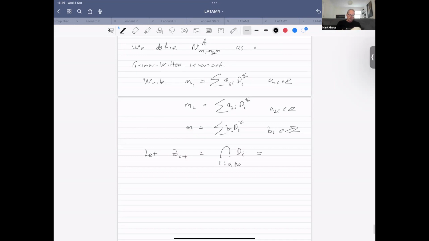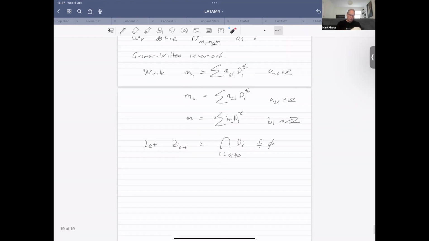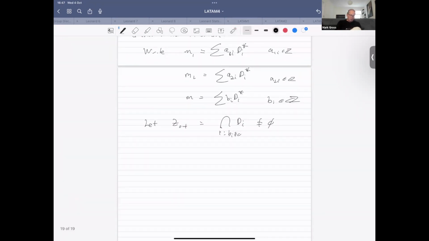This is by definition non-empty. Otherwise, this would not be lying in a cone of the dual complex. And pick a general point z in D out.